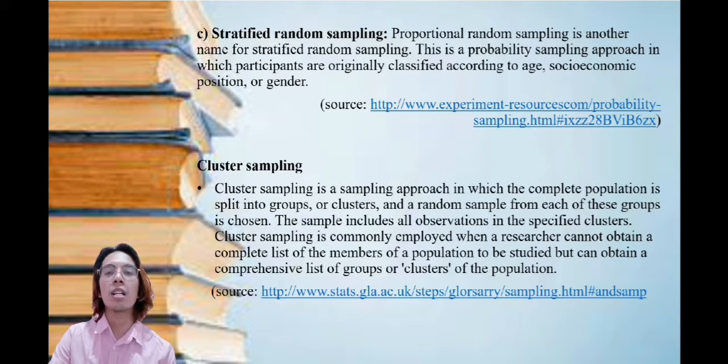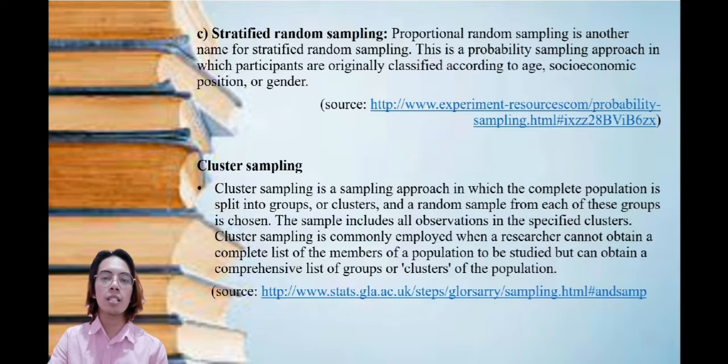Then next is cluster sampling. Cluster sampling is a sampling approach in which the whole population is split into groups or clusters. A random sample of these groups is chosen. The sample includes all observations in the specific cluster.